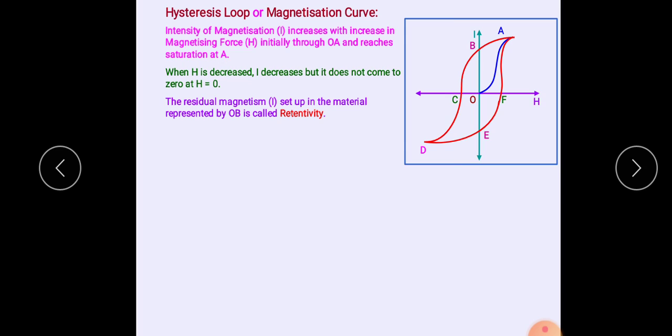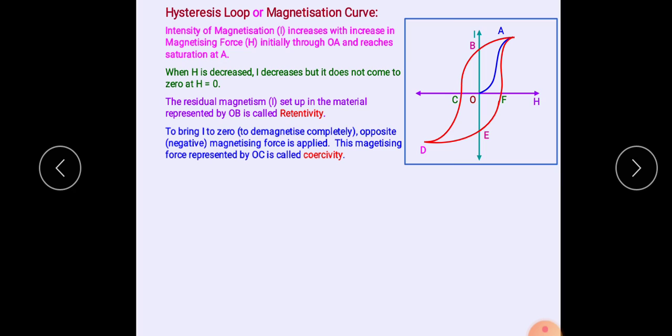The residual magnetism, that is the remaining magnetism I, set up in the material represented by OB is called retentivity. You can understand it. जब H की वैल्यू 0 हो गई, तब इंटेंसिटी ऑफ मैग्नेटाइजेशन की अभी भी पॉजिटिव वैल्यूज़ हैं जो कि OB के इक्वल है. This OB is known as retentivity.